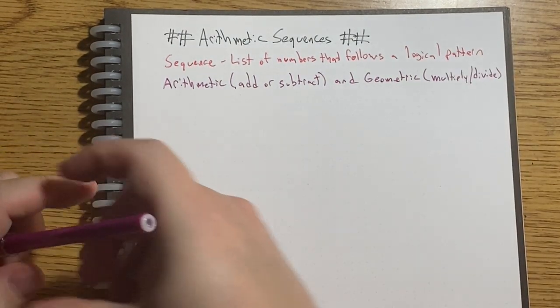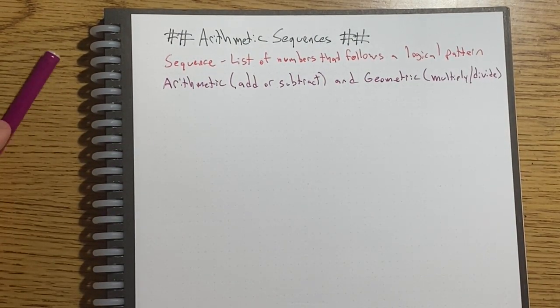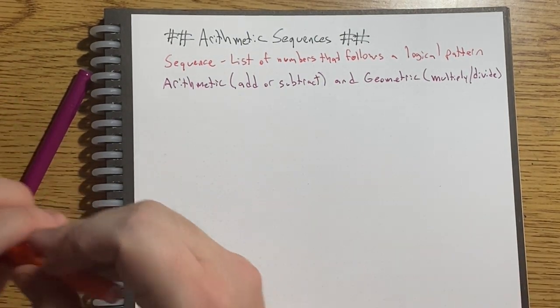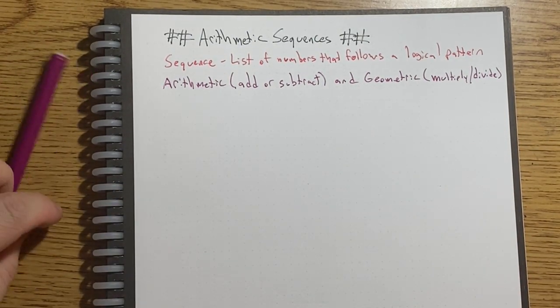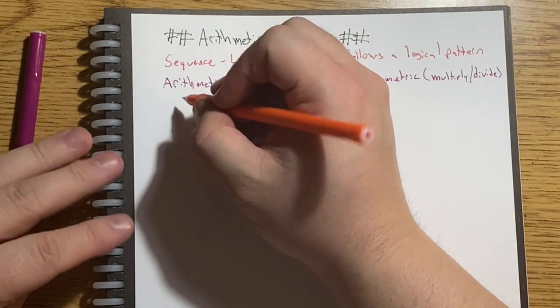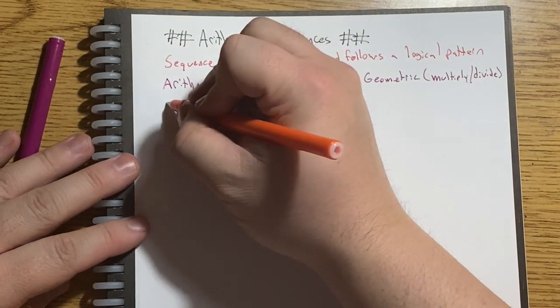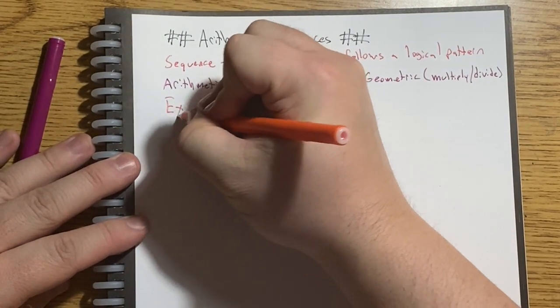Okay, so arithmetic sequence. There's two types of formulas now for an arithmetic sequence, I guess for any of these. And we're going to focus on what's called an explicit formula.